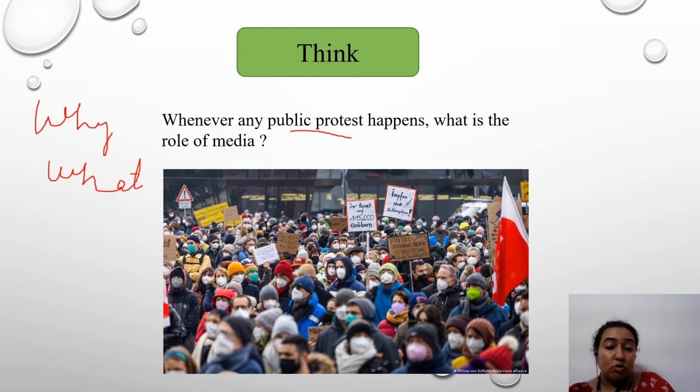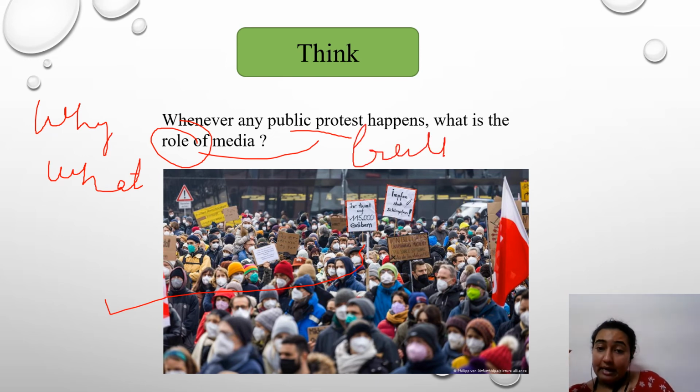You know, we can see those citizens carrying banners and all those things. It can show how is audience reacting, what politicians are saying. So this is the role of media. So as a result, we can say the role of media is to show the truth. And if it is democratic in nature, no one can stop media to show the truth.